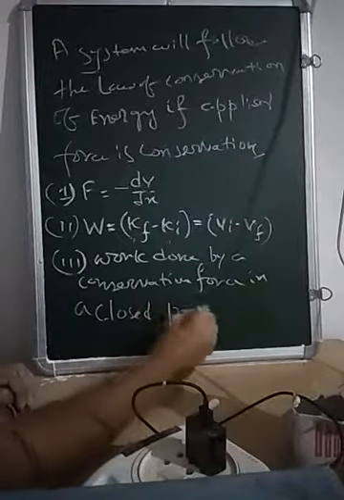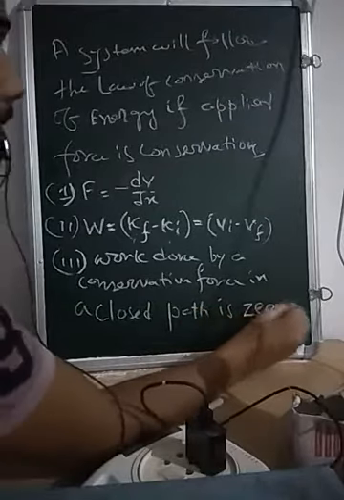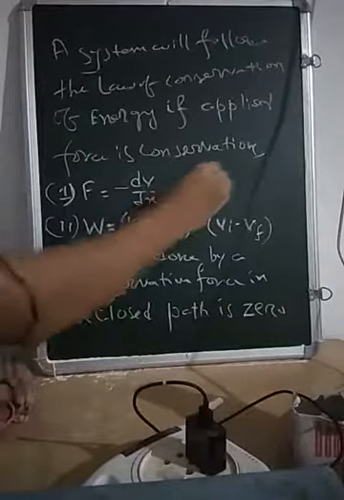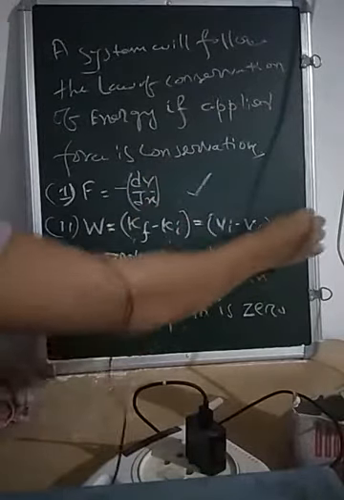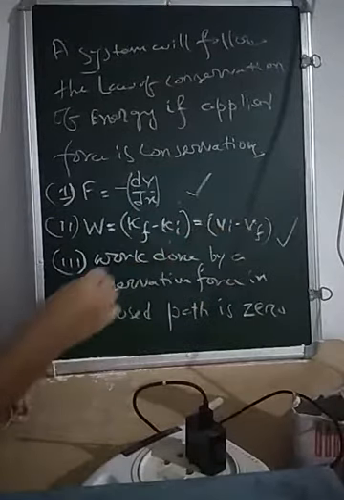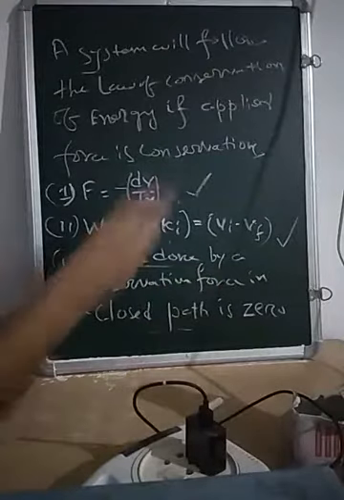In a closed path, how much is it? It is 0. Okay. So these are the three properties for a conservative force. First, the condition F equal to minus dV by dx. Second, the work done by a conservative force can be written as Kf minus Ki or Vi minus Vf. And third, the work done by a conservative force in a closed path is 0.